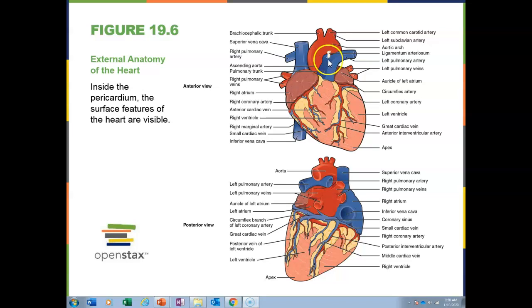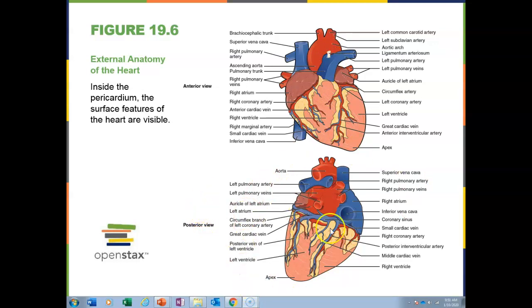And so what this artery did was it allowed blood to move from the pulmonary trunk, and instead of sending the blood to the lungs where there was no oxygen anyways, it would go right to the aorta and then be sent out to the body. And so this ligamentum arteriosum is a remnant of the ductus arteriosus.